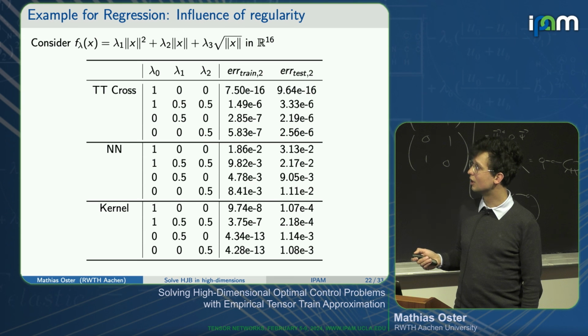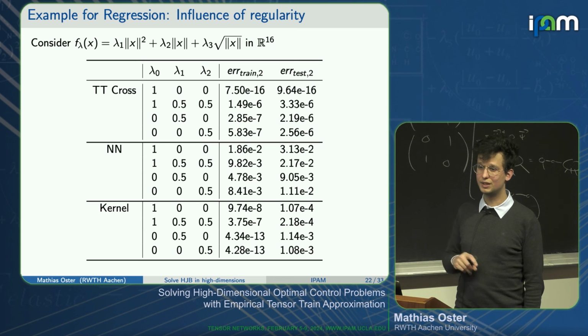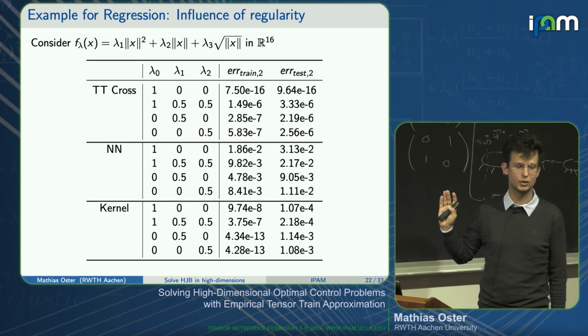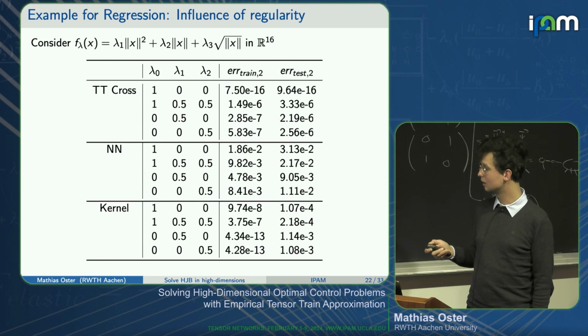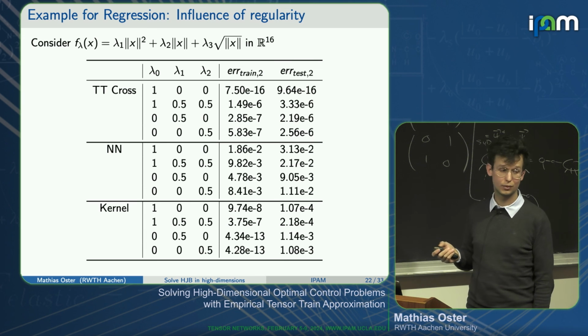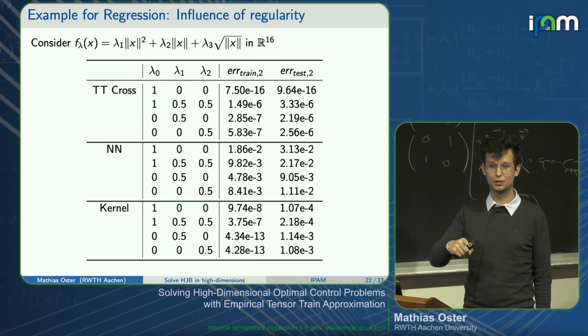The square of the norm is a very nice polynomial, and you can approximate it perfectly with tensor trains up to machine precision. If you just take the norm, it gets more intricate already because you have this non-differentiability in 0. And if you take the square root of the norm, it gets even more difficult because the gradient suddenly becomes infinite in 0.